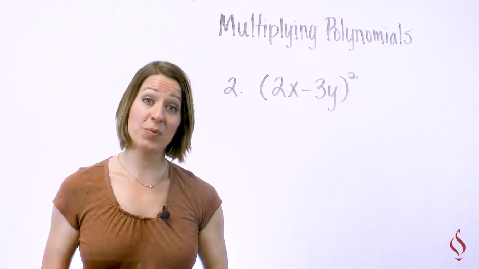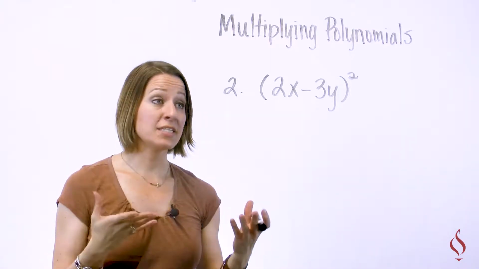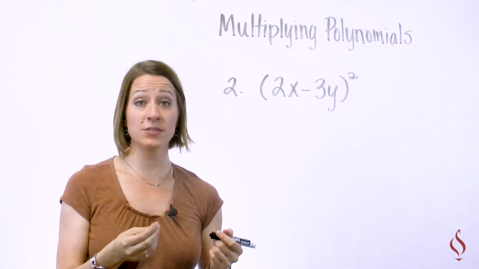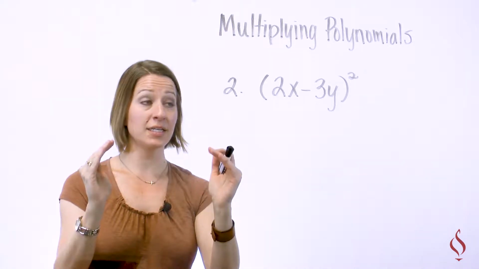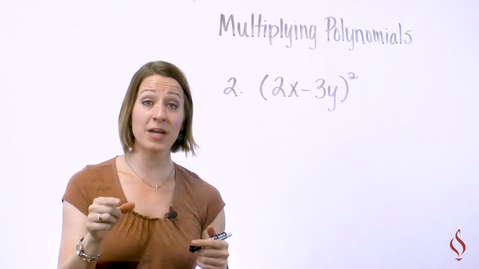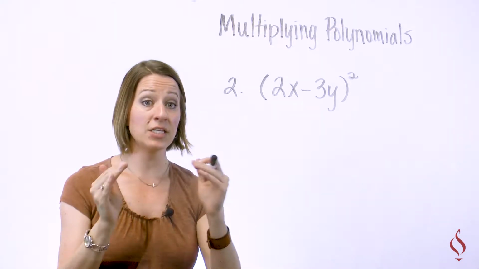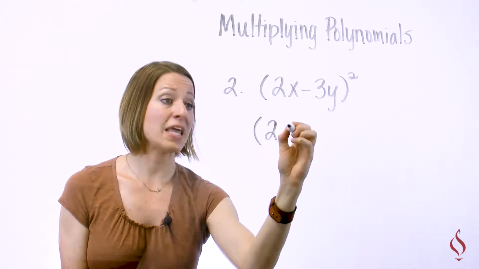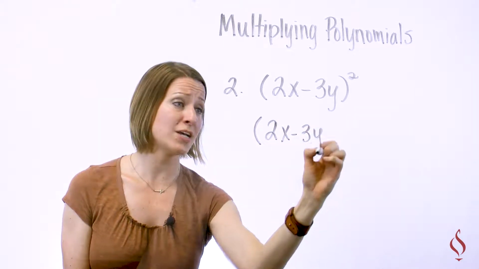Okay, let's try another problem together. Again, to practice, and I want you to practice this with me. This is 2x minus 3y quantity squared. And what this means is that you need to write this binomial twice, each with its own set of parentheses. And I really encourage that you write it out twice.